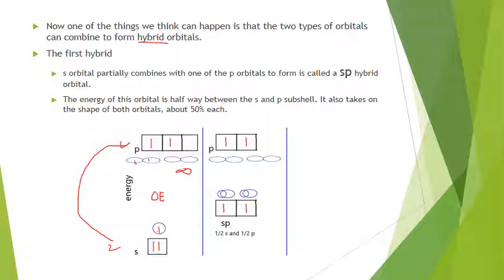Now what we think, and it seems to work, and by the way, this is called a hybrid theory, is that the s orbital partially combines with one of the p's.